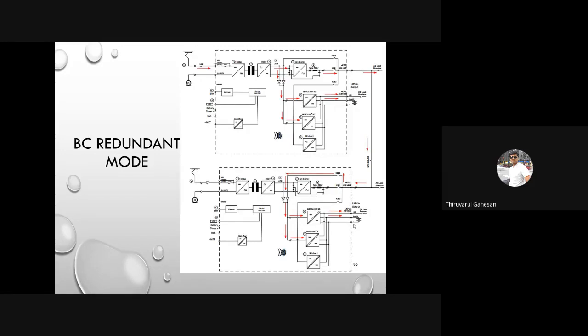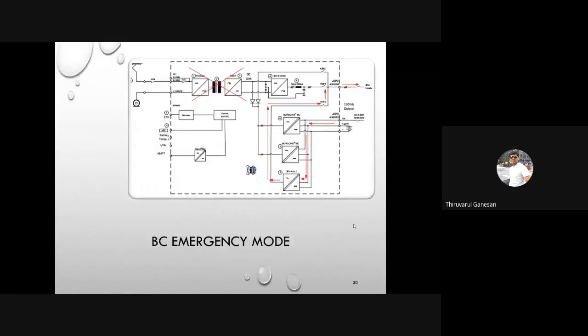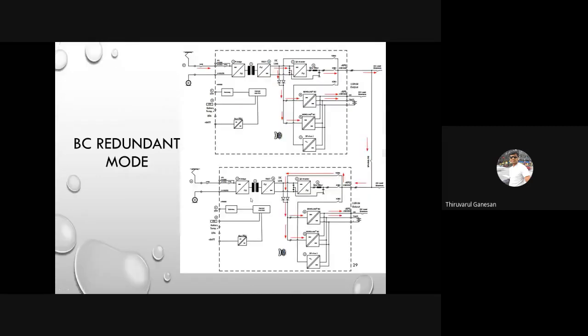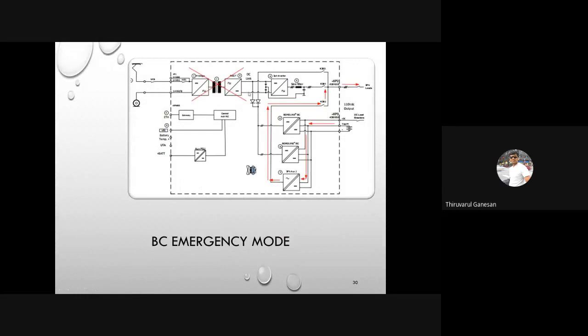Okay, I'll go to the next mode of operation. This is emergency mode. Consider the previous mode of operation, where the second one got isolated. Maybe in this case, the complete catenary is out. I'm not getting the main supply from here, so it is completely isolated. How can I survive?